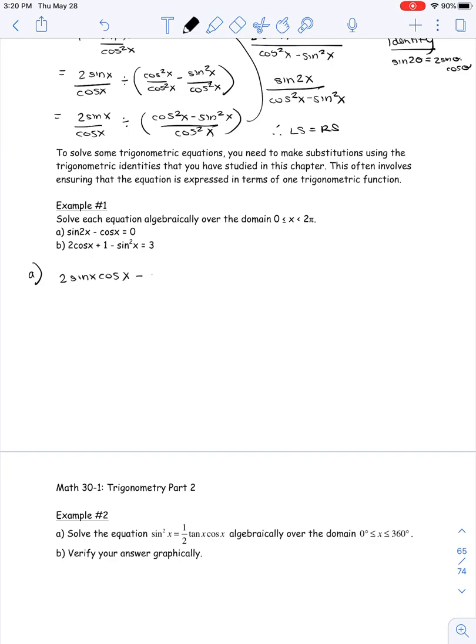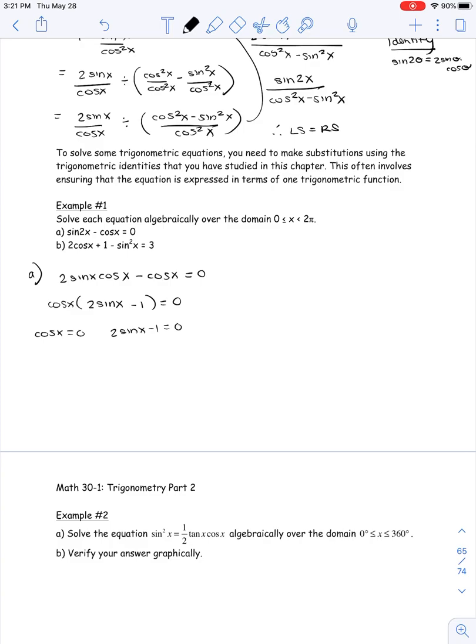Then we still have this minus cos x equaling 0 that we have to write. Next step, I'm going to factor out the cos x that's common to both terms. This makes it way easier to solve for where cos x equals 0 and where 2 sine x minus 1 equals 0.